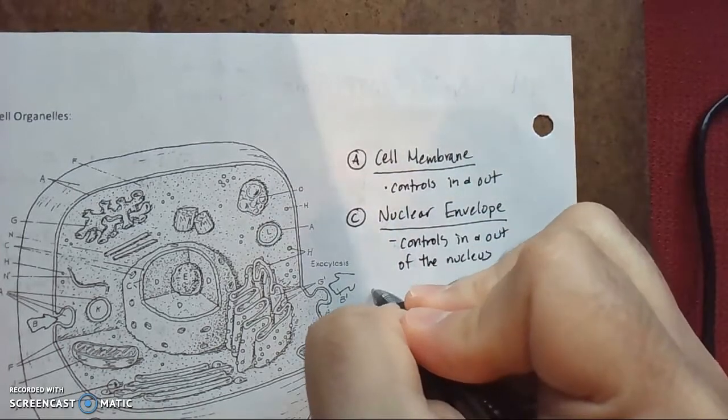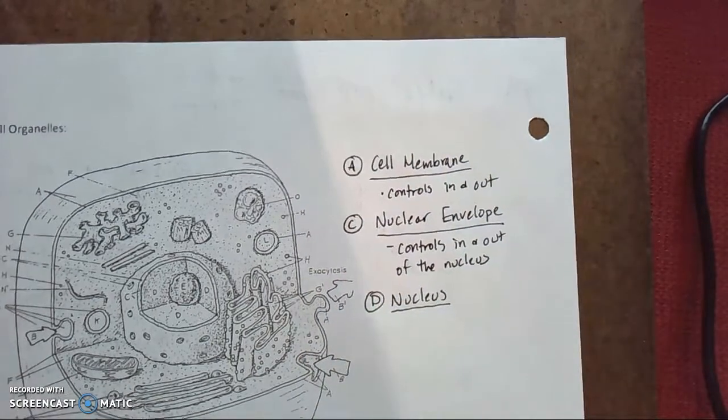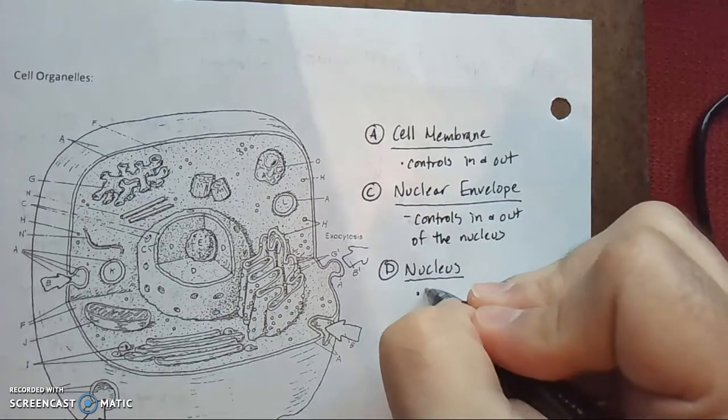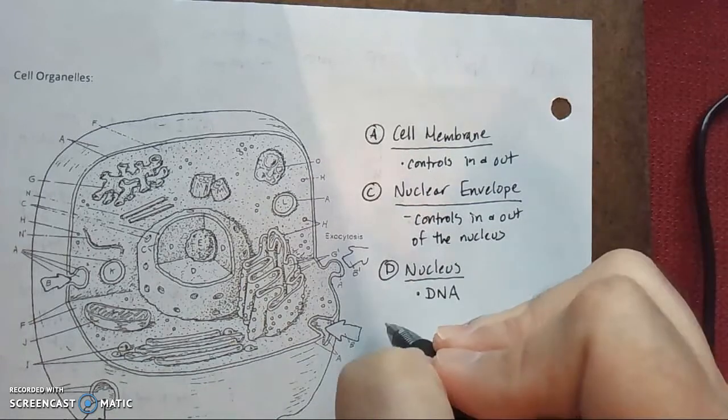And that gives us letter D, which is the nucleus. The nucleus is usually the control center of the cell because it contains DNA. So this has our instructions for the cell, for its structure and its function. So it houses that. That's why it has its own membrane, because we need to protect that, so we control what comes in and out.